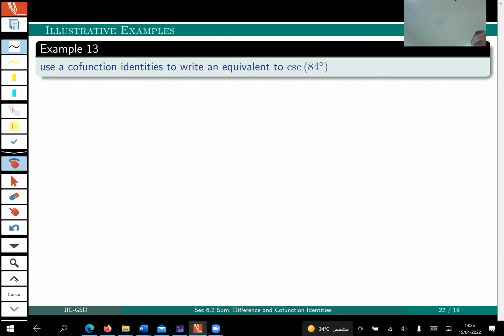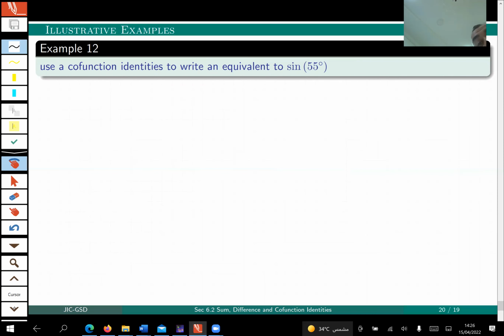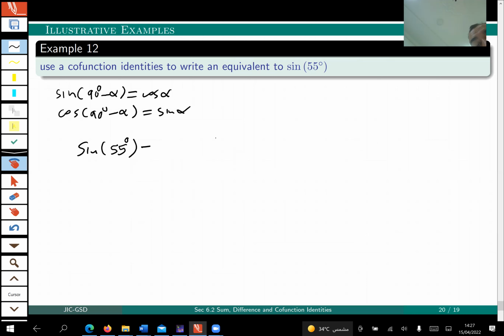Not the last. Question number 12: use cofunction identities. Remember the cofunction identities: pi over 2 minus alpha changes sine to cosine. If I change sine 55 degrees to cosine, it will be cosine of 90 minus 55, which is 35. Sine of the angle is cosine of the complement, because 55 and 35 are complements of each other.